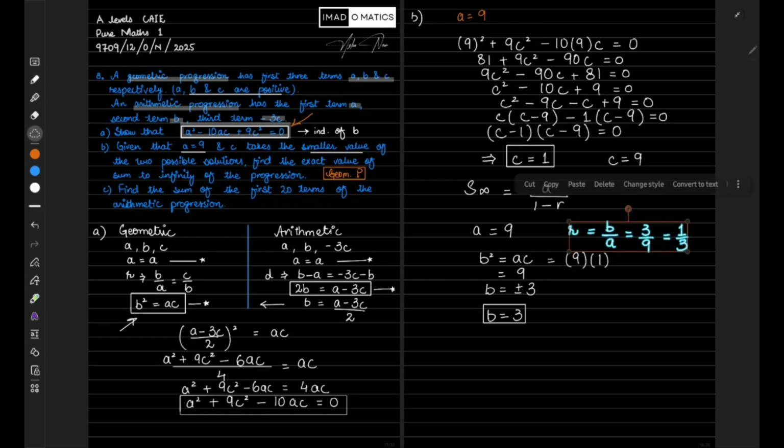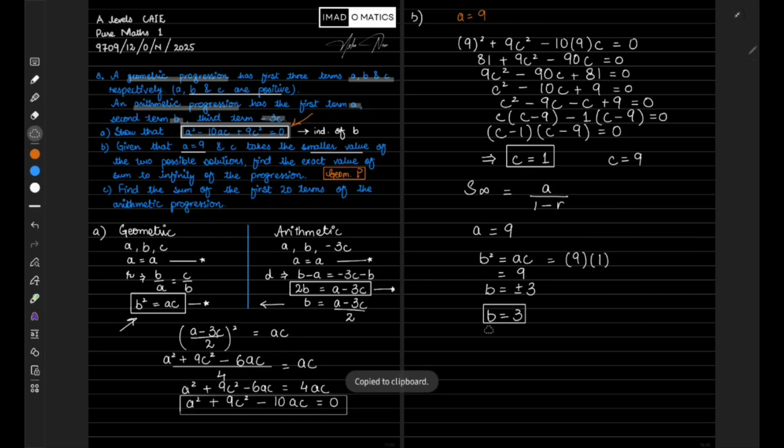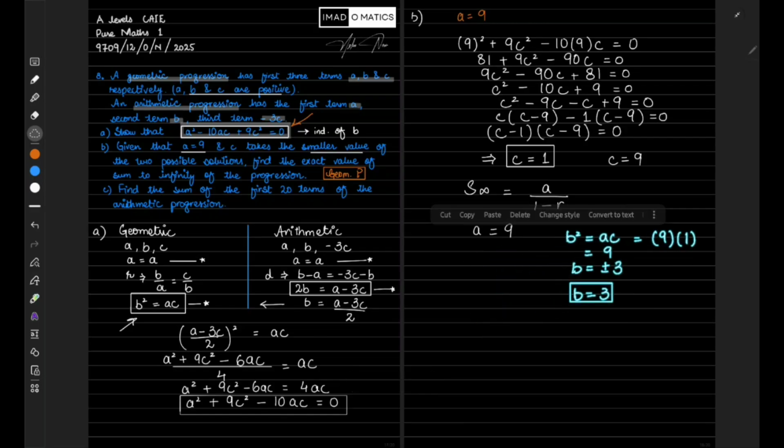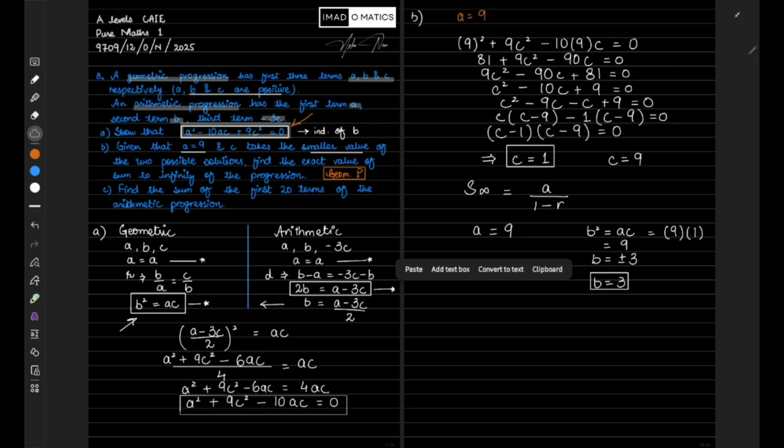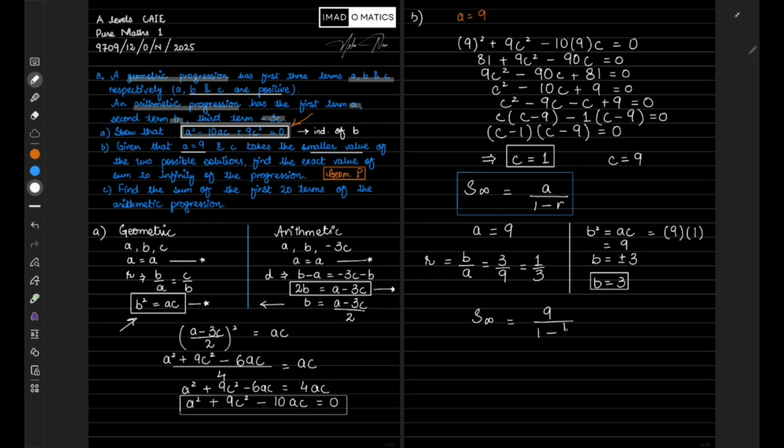Now using the sum to infinity formula and finding it. So S infinity is 9 over 1 minus 1 over 3.